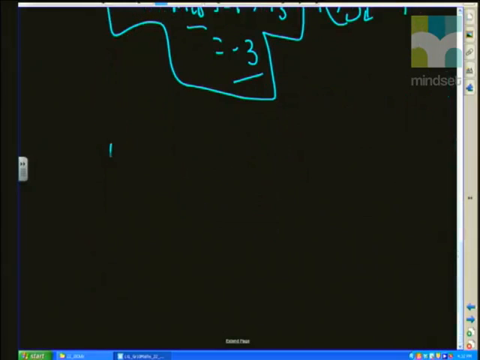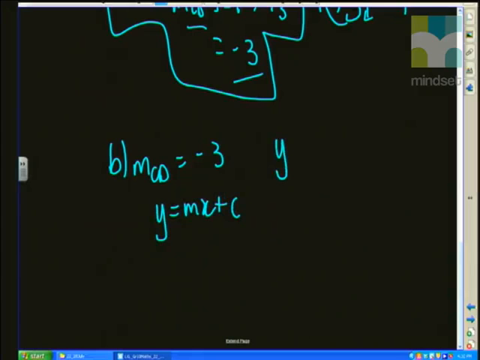So now I'm looking at part B. We know the gradient of CD is minus 3. I need the equation. I've got y is equal to mx plus c. Or if you don't want to use that one, you can use y minus y1 is equal to m times x minus x1. I've got a set of coordinates, so I can substitute those in.